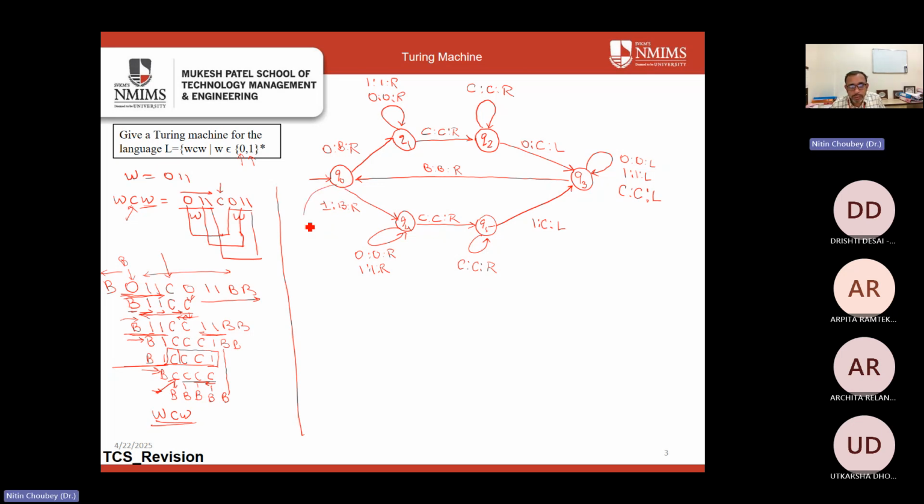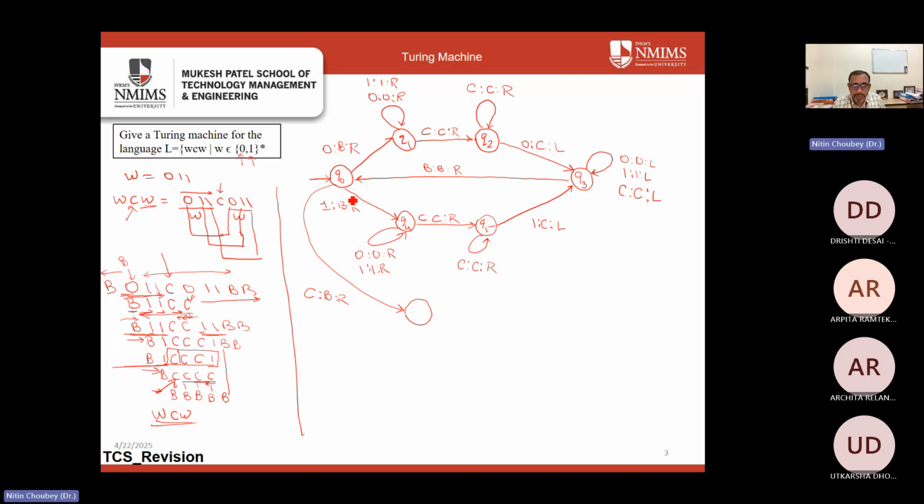So when the first input is over, what does it mean? Your second input should have been already replaced with C. So you must not get any other symbol apart from C and blank on the tape.